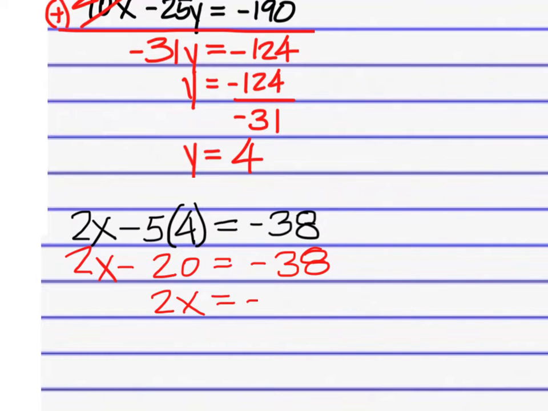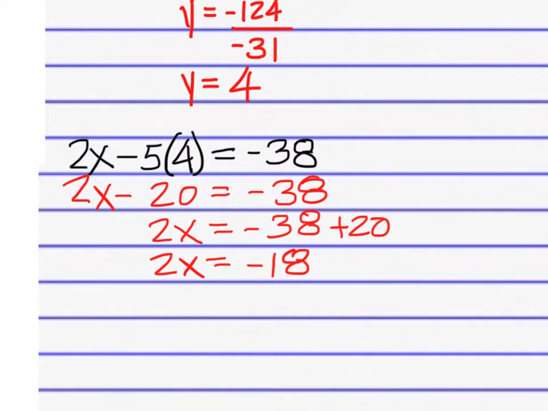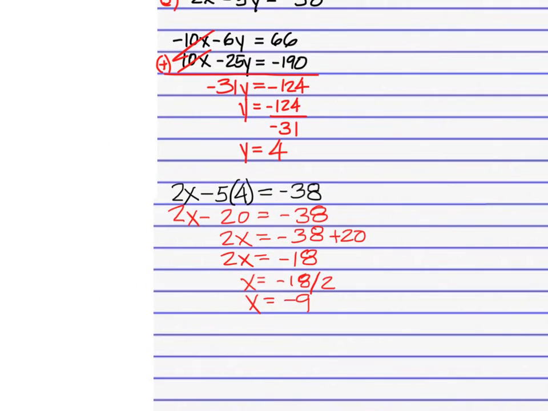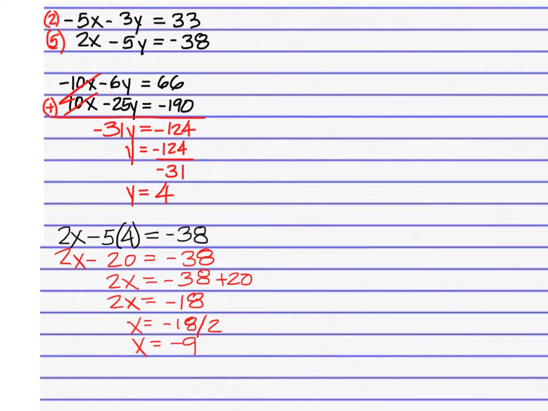Move the minus 20 to the right side and you get plus 20. Negative 38 plus 20 is negative 18. Divide that, negative 18, by 2 and get an answer of negative 9. So your solution should be negative 9, positive 4.